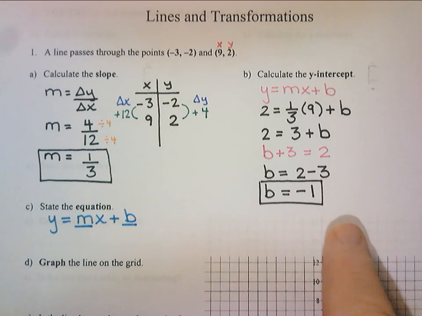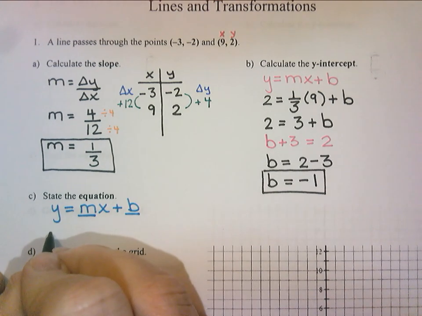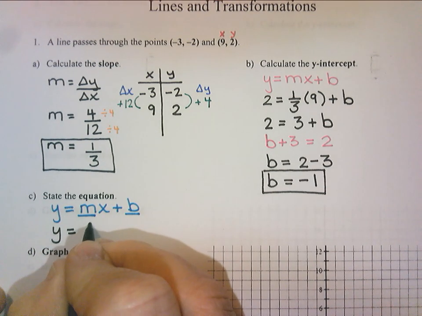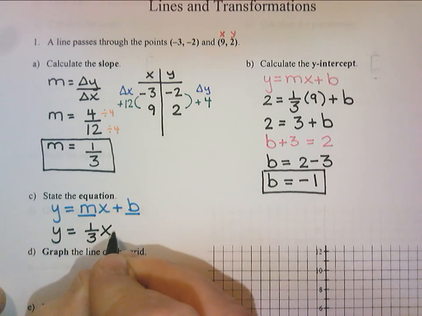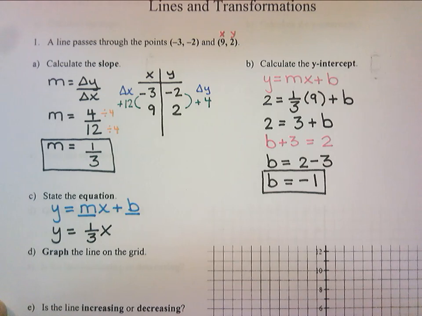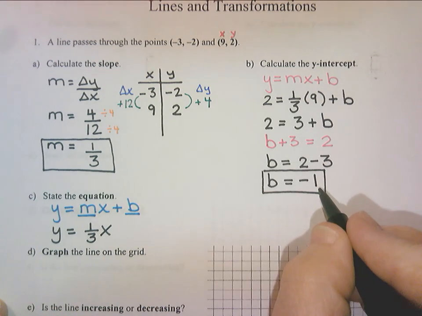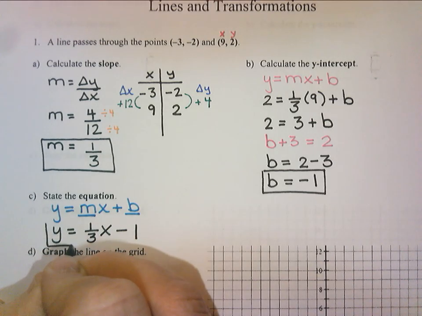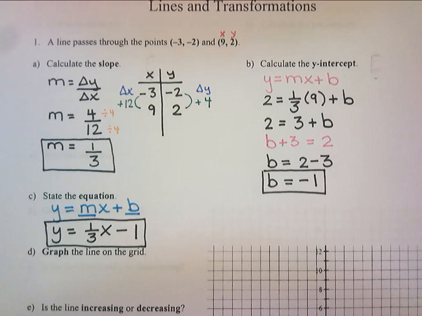We are going to put in the y-intercept that we calculated. So we are going to end up getting y equals m, that's my slope, so it's 1/3. And then x, I want to have the x and the y. I do not want to put numbers there. And then my slope, I can do plus -1 or just -1. So my equation is y equals 1/3 x take away 1.